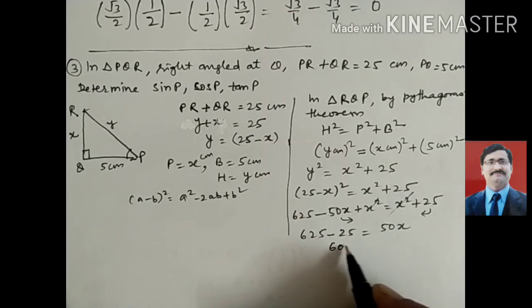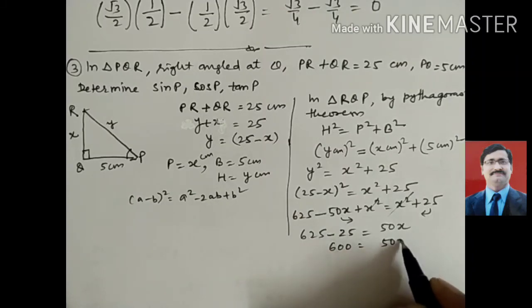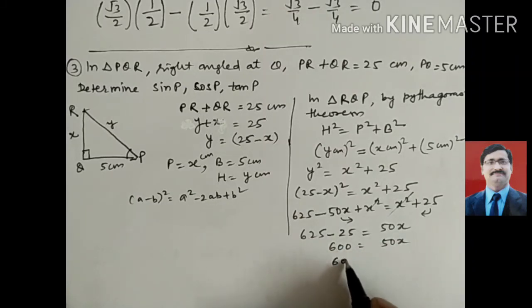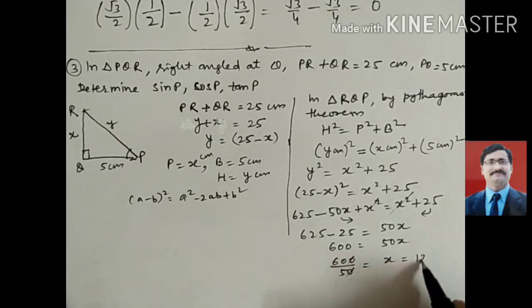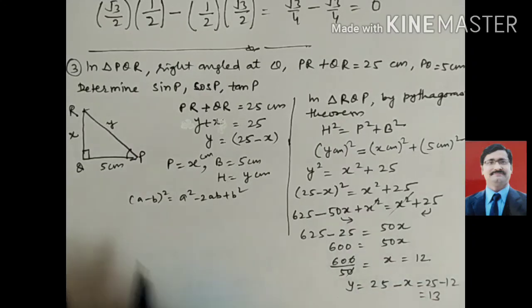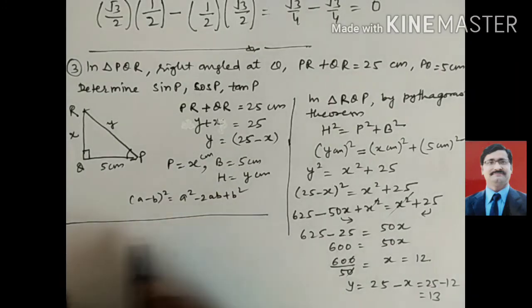You subtract, you get 600 equal to 50X. So 600 upon 50 is equal to X, cancel the 0, and you get 12. Now Y is 25 minus X, means 25 minus 12, that you get 13.